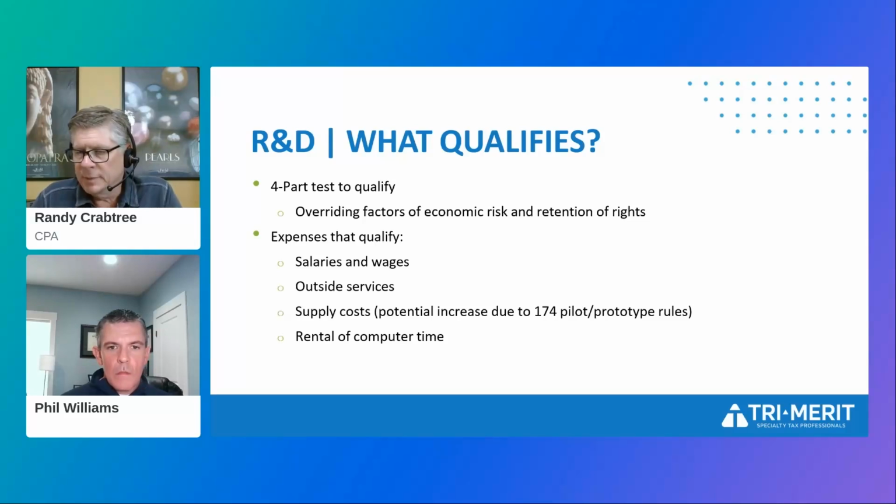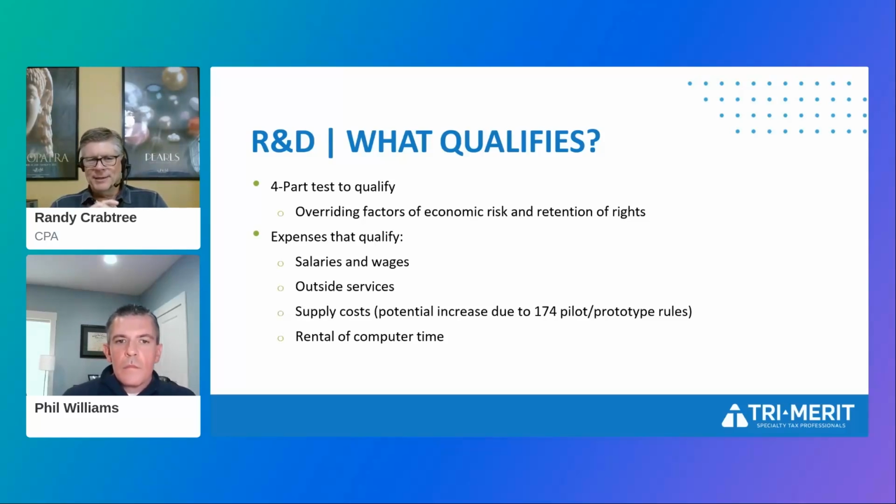I'm going to go to number 4 first, rental of computer time. Just be aware of when the R&D tax credit was written. This code section came into play in 1981, which to me feels like yesterday, but that's 43 years ago now. 43 years ago, I was a freshman in college in computer science, and we were still using punch cards. And so people were renting computer time back then.